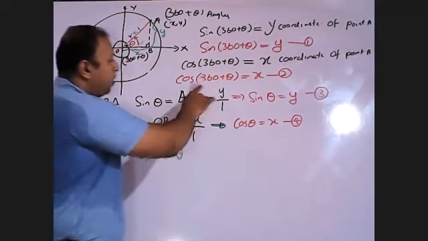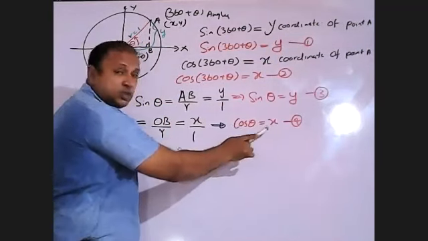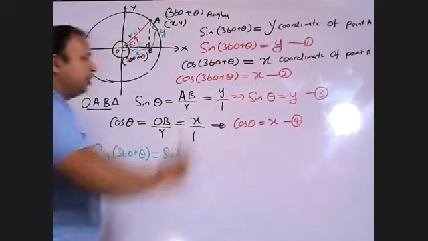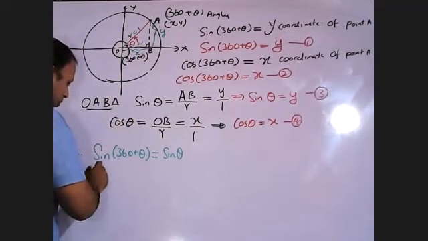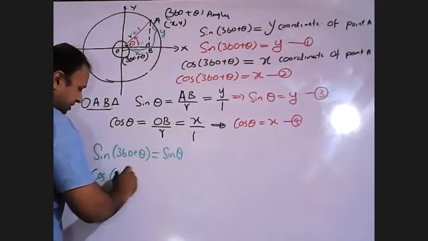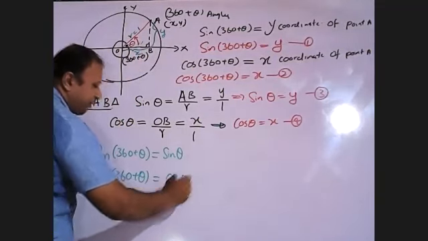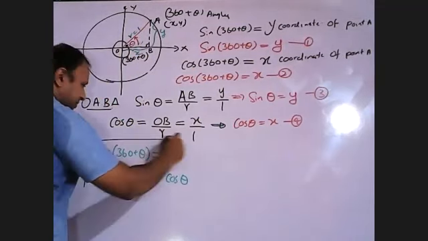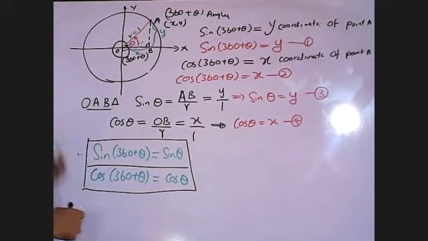Then cos 360 plus theta is equal to x, and cos theta is also equal to x. That means you can replace this x by cos theta. Therefore, cos 360 plus theta is equal to cos theta. Look at this. They are not changed, no? Sine remains as sine, cos remains as cos.